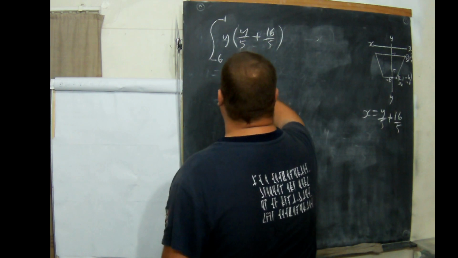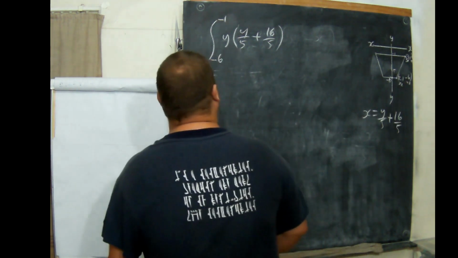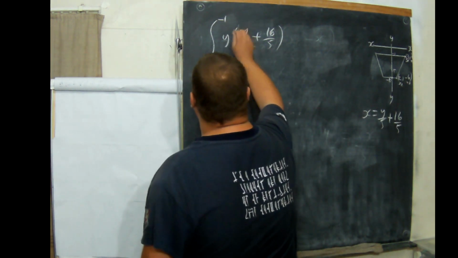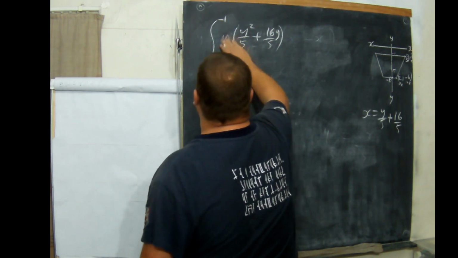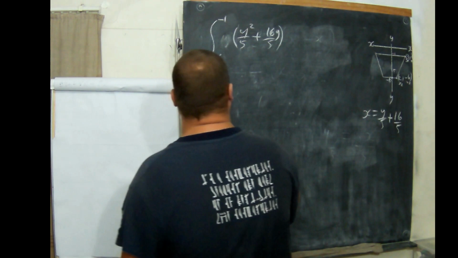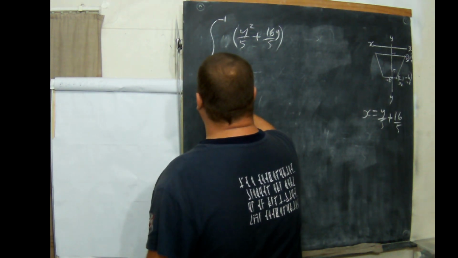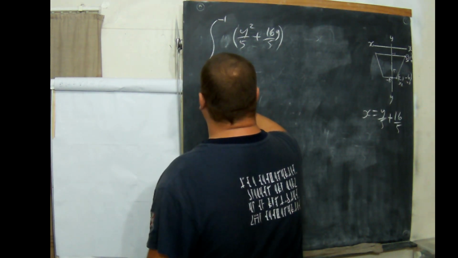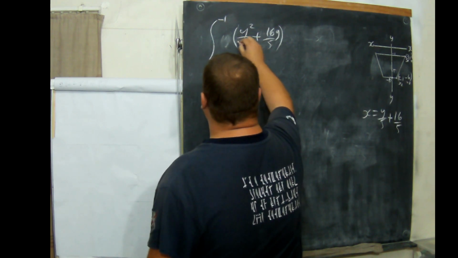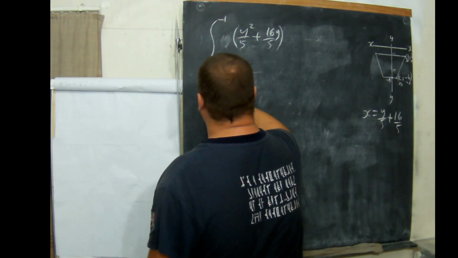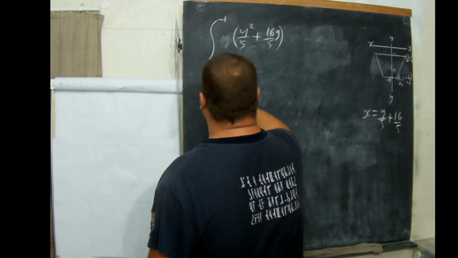And we can take a 5 out. So what we're going to do now, y times y is y squared, 16y. Okay, now what we're going to do is integrate. So we have 2 over 5. We have actually 3 over 5.